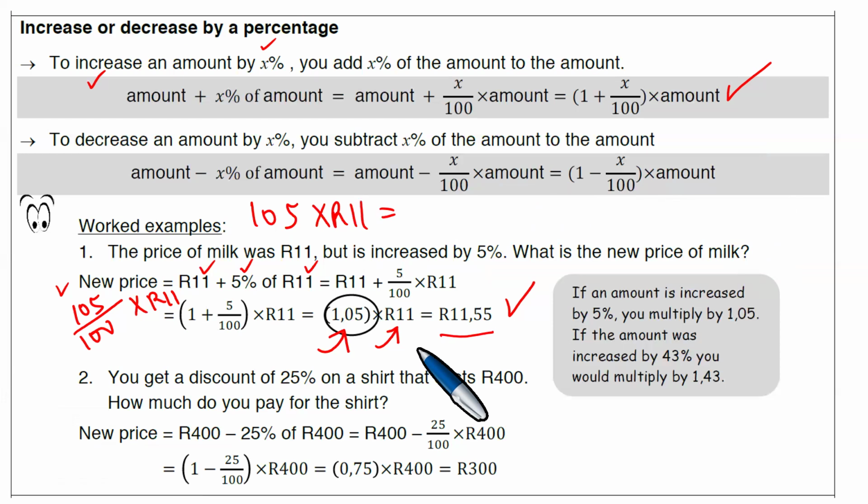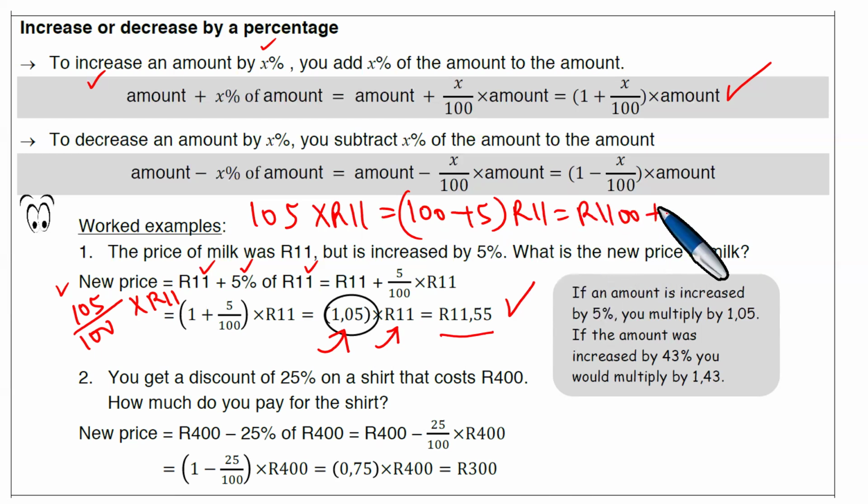One way is to multiply the 11 by 105, but you can look at the 105 as 100 plus 5. 11 rand times 100 gives 11 and 2 zeros, plus 55 rand, which is 1155.